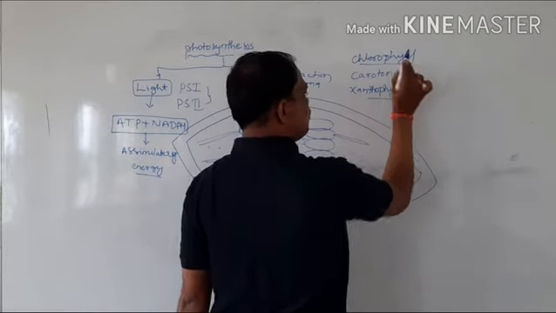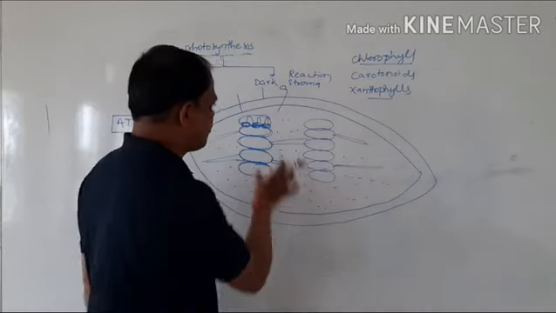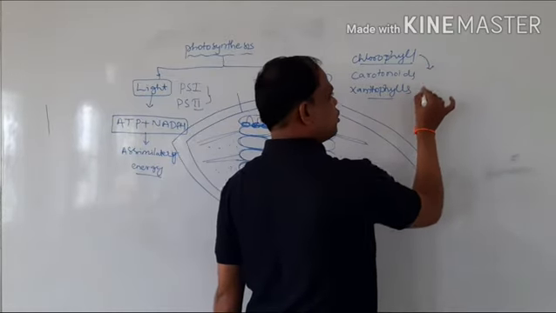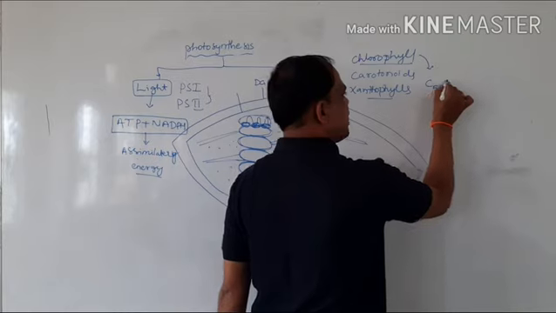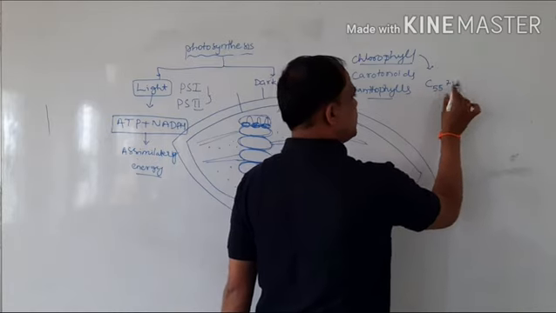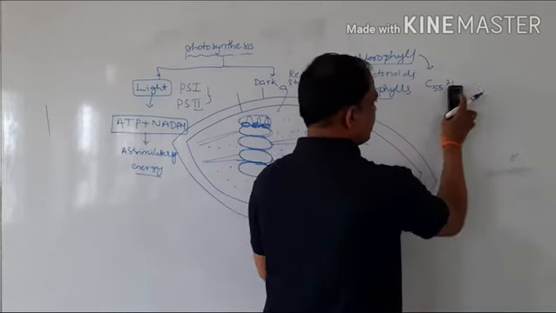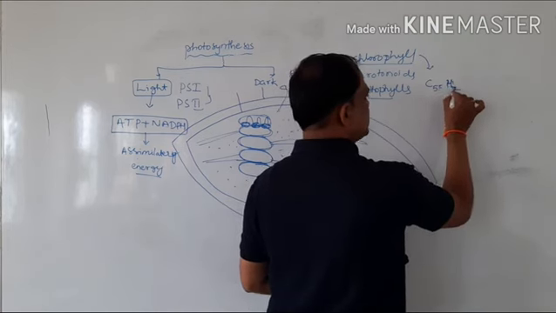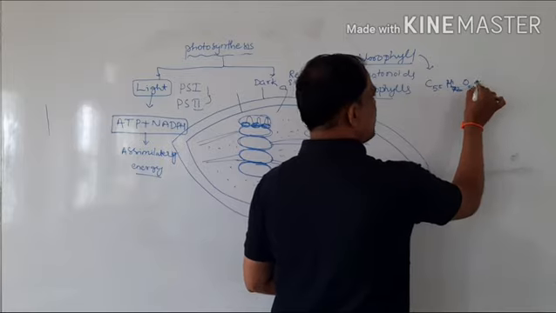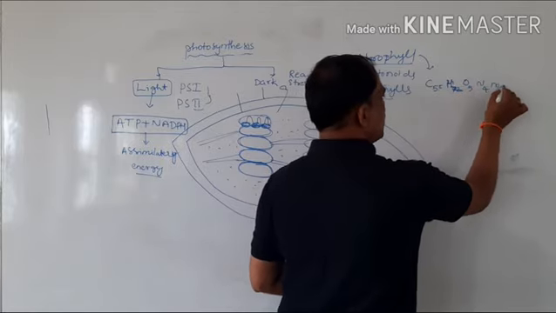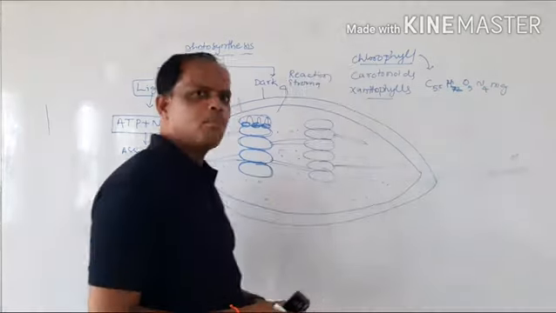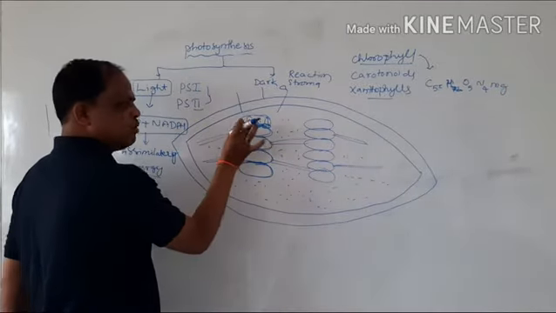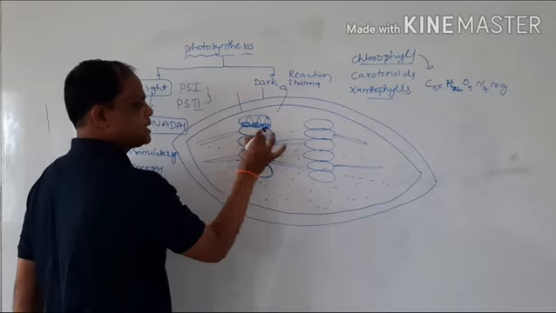Chlorophyll is the very important structure in this chloroplast. The molecular formula of chlorophyll is C55H72O5N4Mg. This is the molecular formula of chlorophyll. A number of chlorophyll molecules are present at these places.